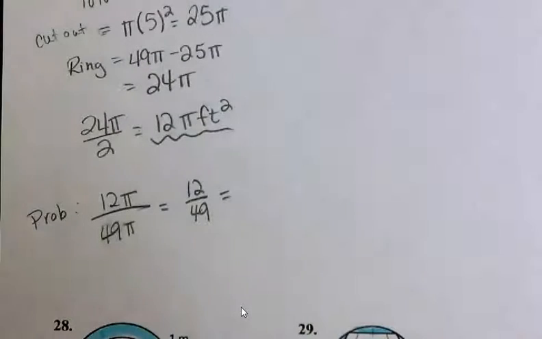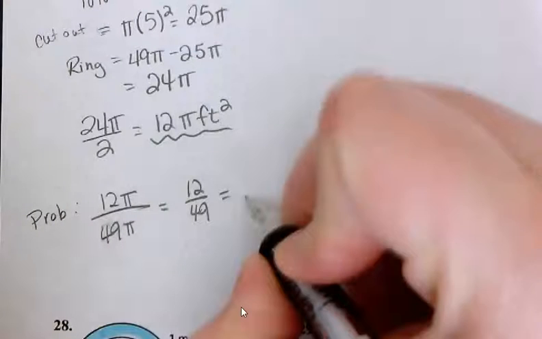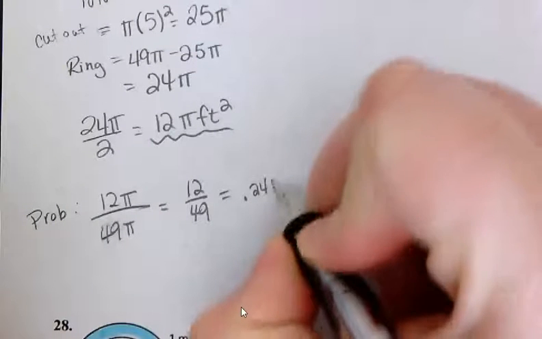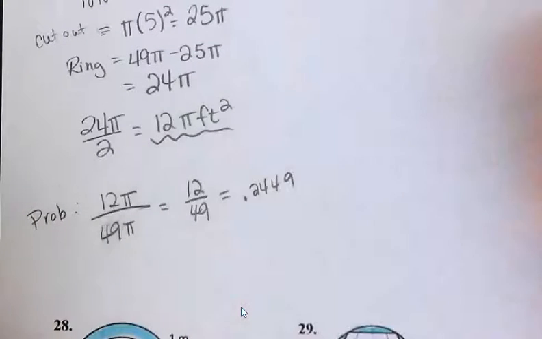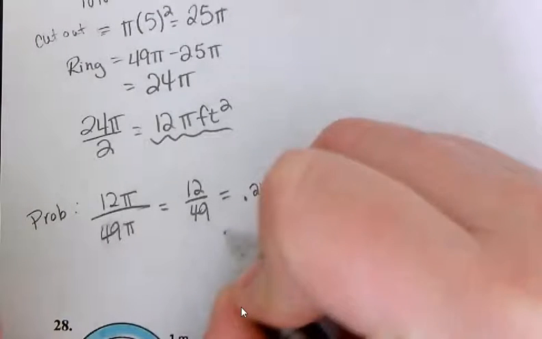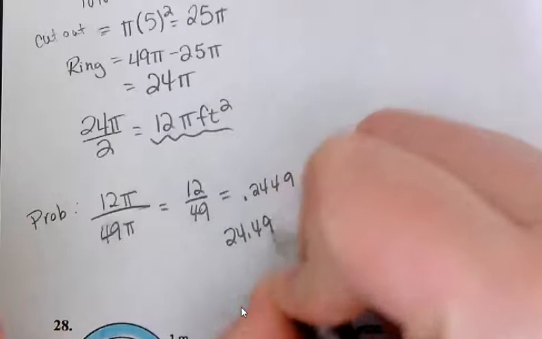I'm going to take the percentage down to 4 decimal places because I want it to be hundredths when I round. So 12 divided by 49 gives me 0.2449, which is 24.49%.